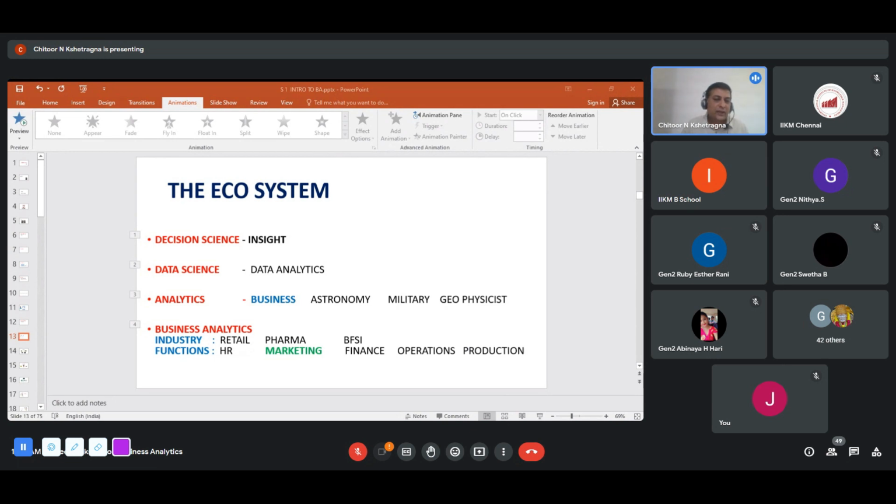That's what science is about. Social science is all about psychology, sociology, commerce, economics, all of that, right? Whereas pure science is about cause and effect. I do this, this is the result I get. Just think of your chemistry lab in 10th and 12th standard. So today, the entire analytics is called decision science. Under decision science, we have what's called data science, right?